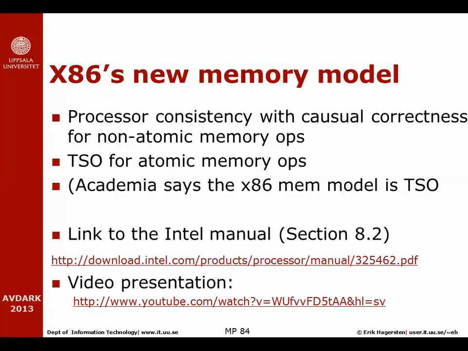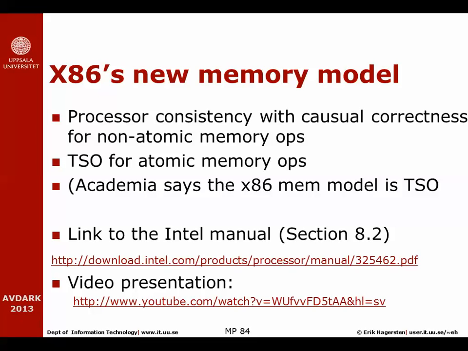Lastly, let's talk a little bit about x86 and its memory models. According to themselves, and I have a link to a video at the bottom of this slide, they claim that they implement processor consistency with causal correctness for all non-atomic memory operations. So that means that loads and stores are implemented with processor consistency with causal correctness.